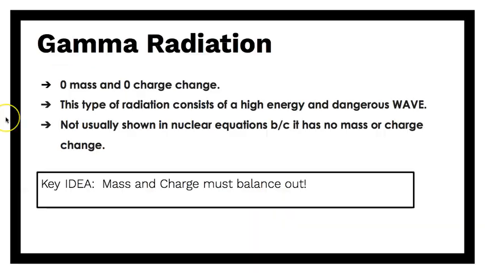Barium. During gamma radiation, what happens is a big wave, a huge wave, is released from the nucleus, and this wave is very dangerous. It could cause DNA damage. It could cause cancer. So gamma radiation is one of the most dangerous types of radiation that exists.